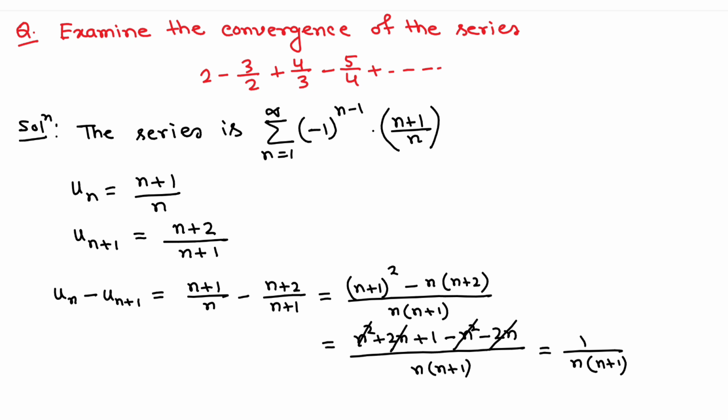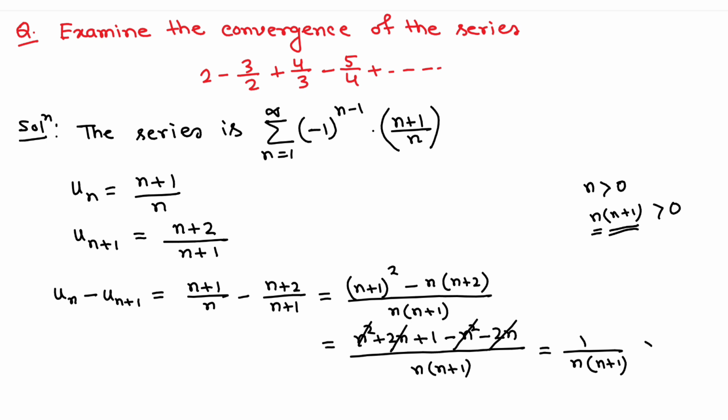Now tell me, this 1 by n into n plus 1, is this positive or negative? We just have to show that this difference is positive. Yes or no? n is a natural number, so n is positive, n plus 1 will be positive, so the product will be positive.